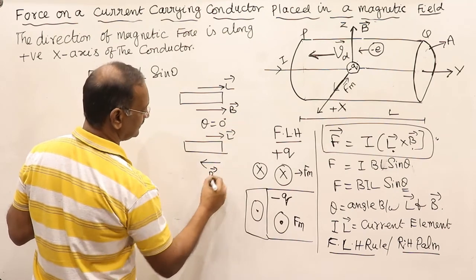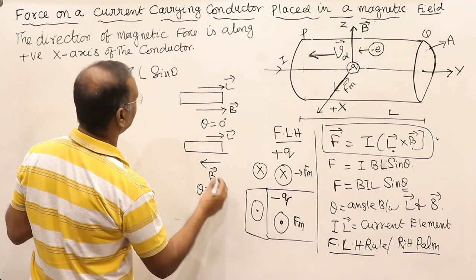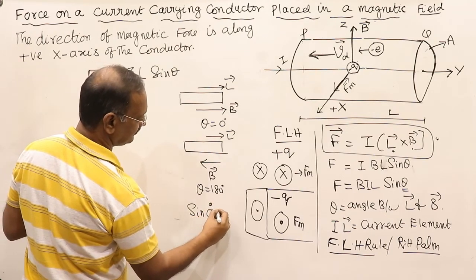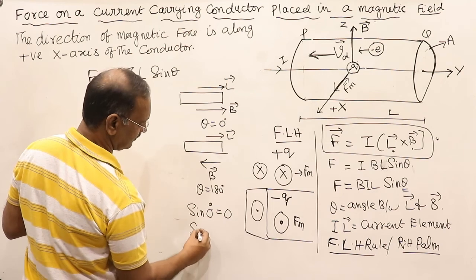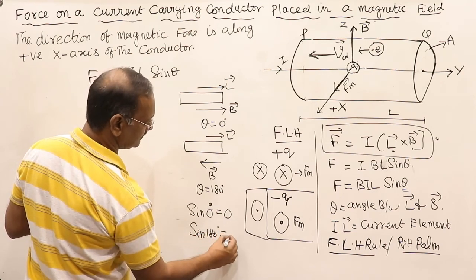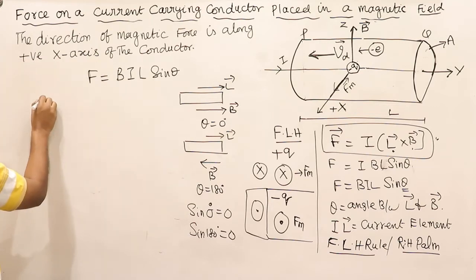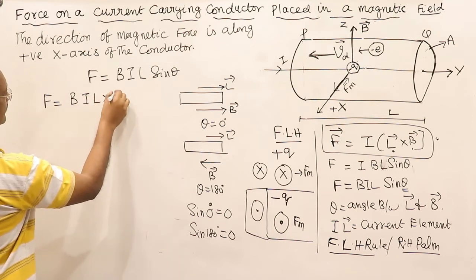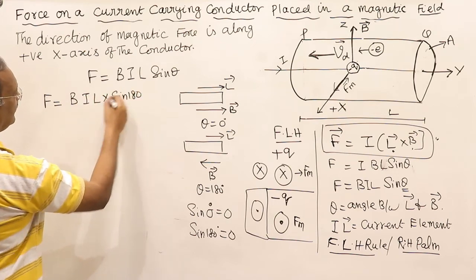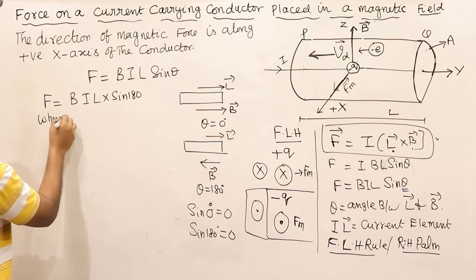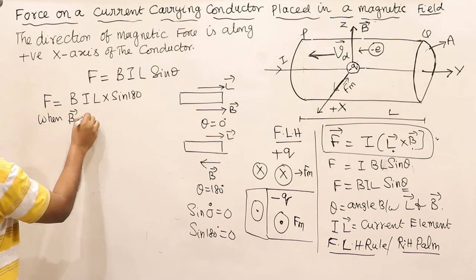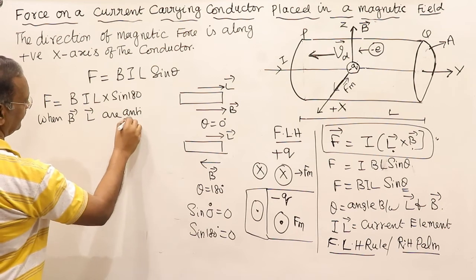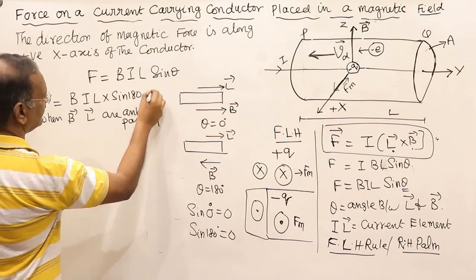In this case, theta is equal to 180 degree. Sine of 0 degree is equal to 0. Sine of 180 degree is equal to 0. It means the force is equal to B into I into L into sine of 180 when B vector and L vector are anti-parallel, which is equal to 0.